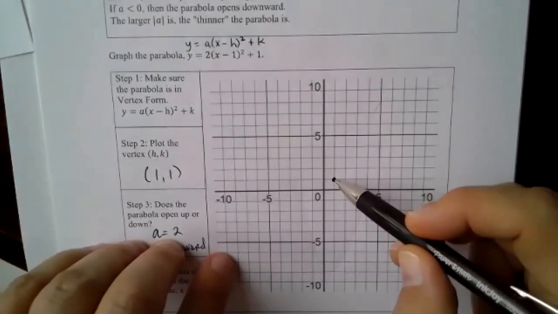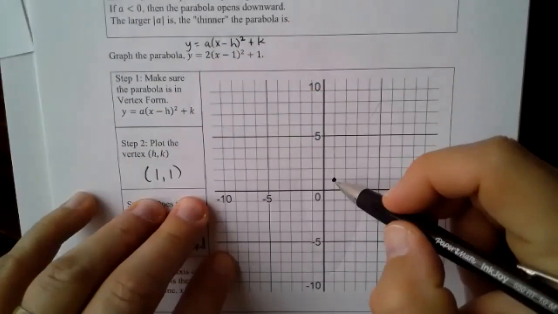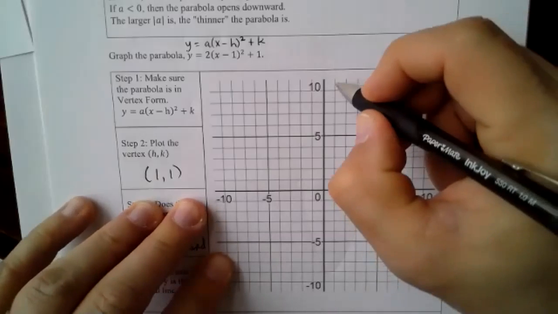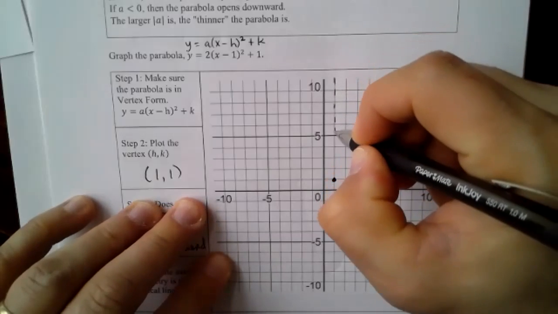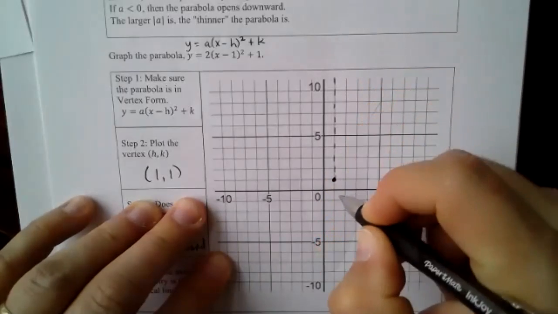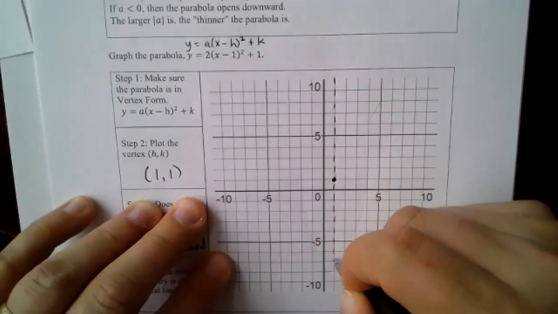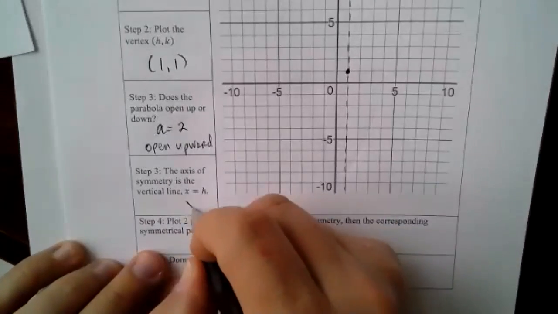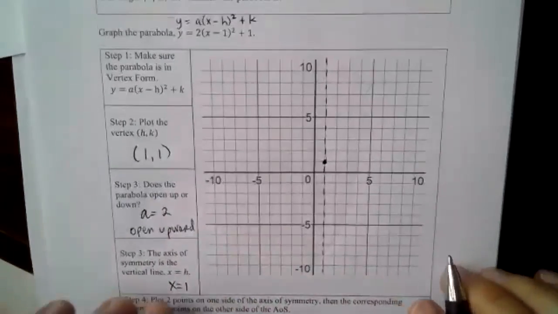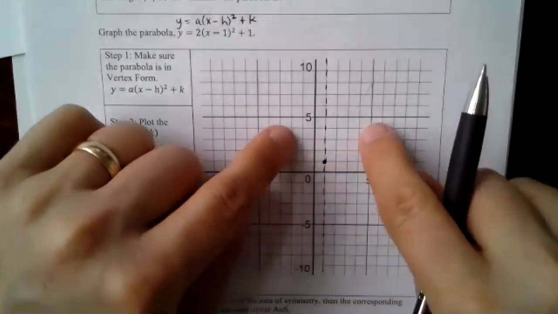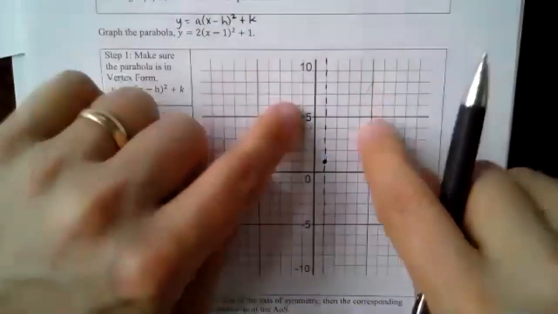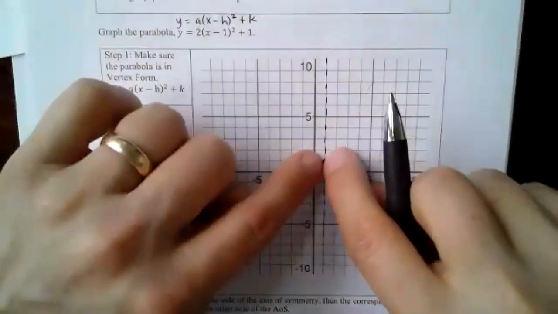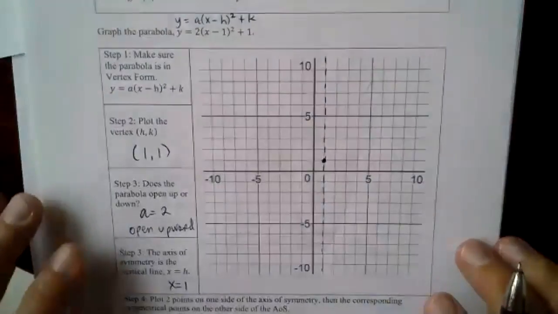So in this case right here, I already know my vertex is there, so you know the axis of symmetry. I'm going to put a dotted line like this, all the way down. So x equals 1 is the axis of symmetry. What that means is it's going to open upward and spread out like that. It's not going to come over to 0 and spread out that way. It's going to shift over 1 and go that way, okay?